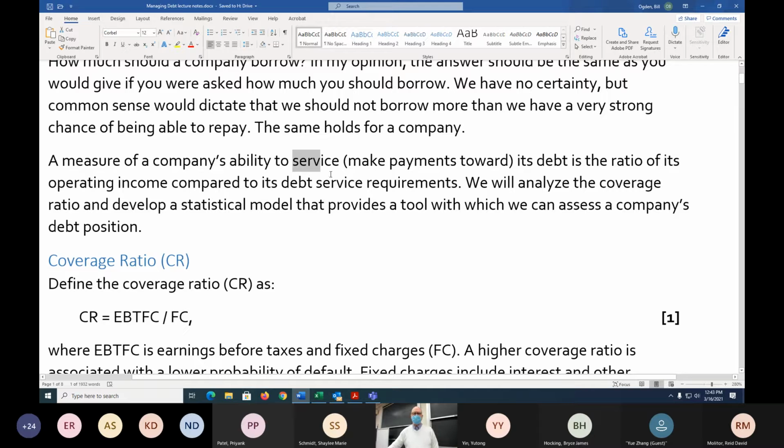A measure of the company's ability to service its debt is the ratio of its operating income compared to its debt service payment requirements. If you view an income statement, once you come down to EBIT, what comes out next? Interest. So interest is the first claim on the company's operating income. Okay?